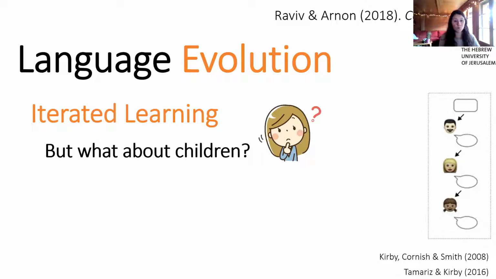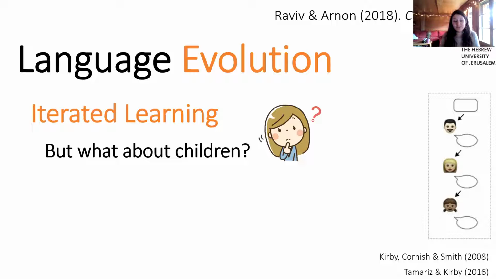But one problem I had with these experiments is that I didn't know if they work with children. One important criticism for all these studies was that the participants in these iterated learning experiments were all adults who already speak a language. And the problem is that older participants may benefit not only from better working memory and more sophisticated problem solving strategies when they go in the lab, but also they can really rely on their previous extensive, very explicit knowledge of their language.